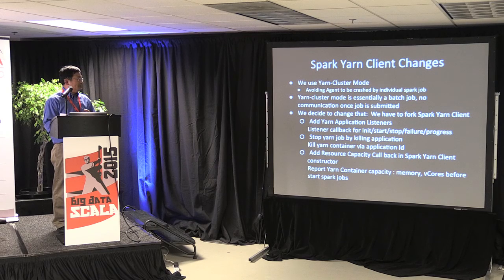The second is on the Spark Yarn client, where we added stop and kill application APIs, which simply take an application ID and call kill application. The third is a callback for resources. The resource callback allows us to estimate how many resources Yarn has.